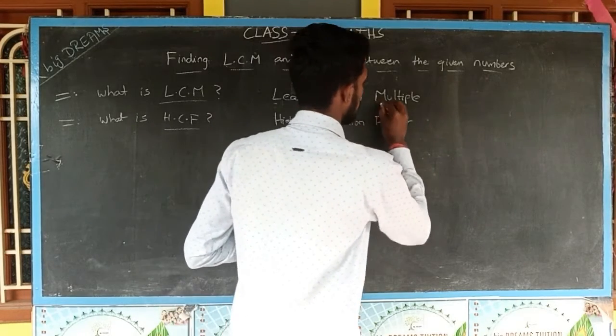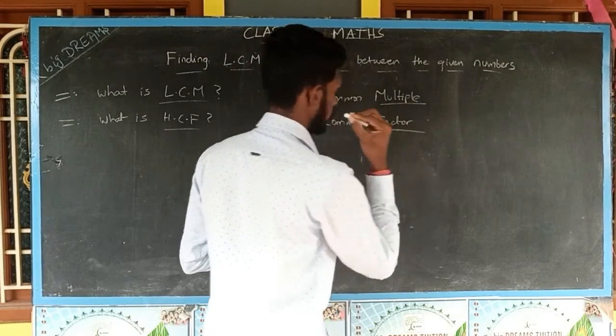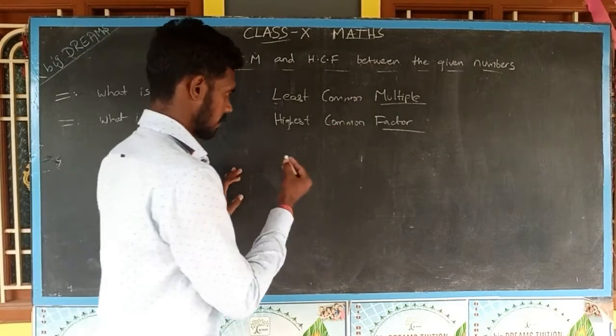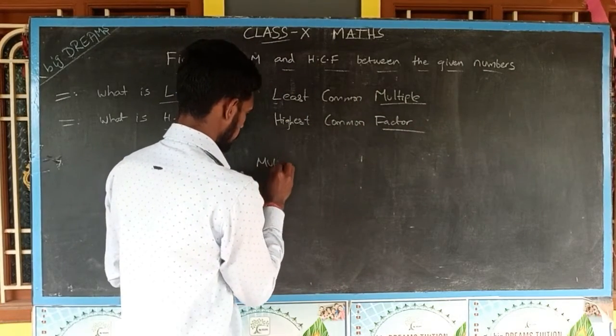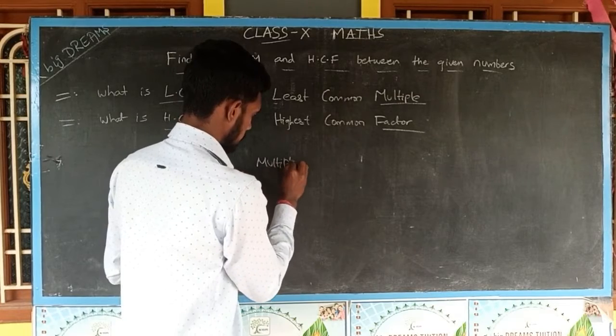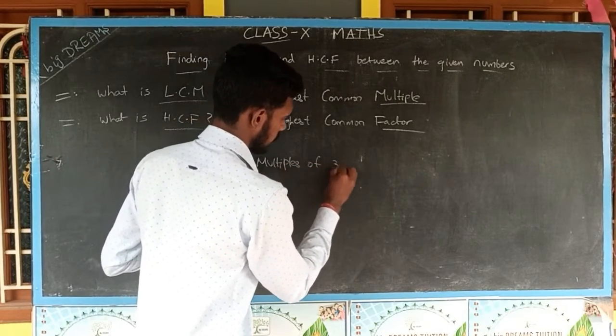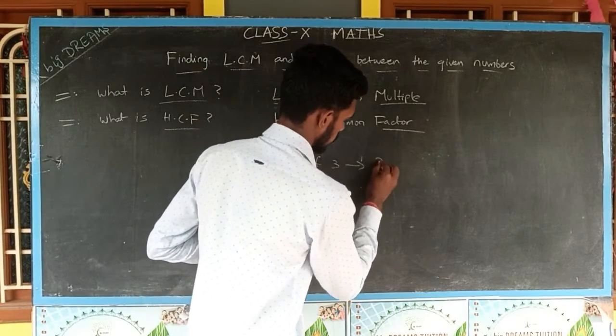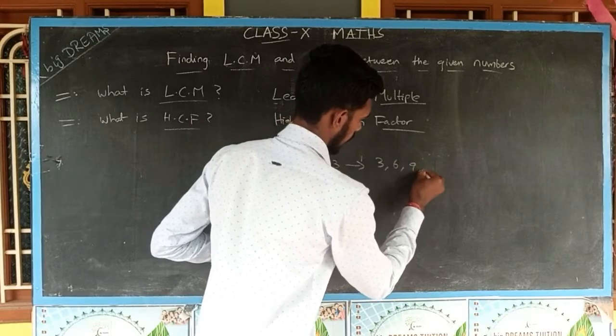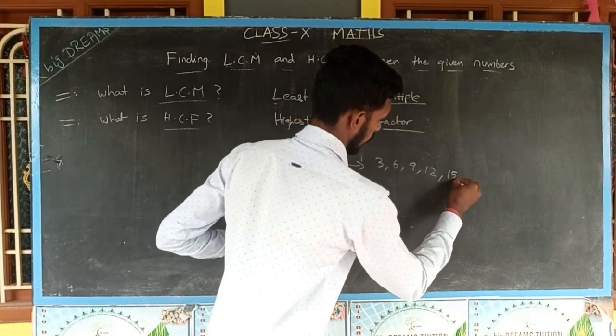What is the meaning of multiple and what is the meaning of factor? For example, multiples of 3, I can write as 3, 6, 9, 12, 15 and like that.